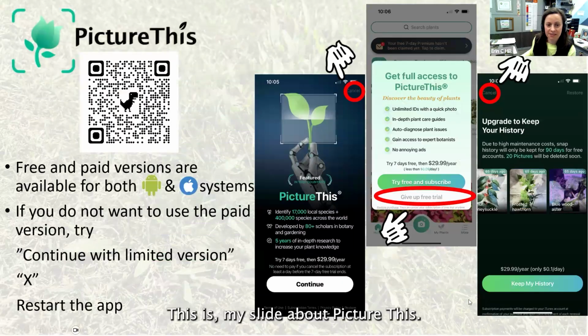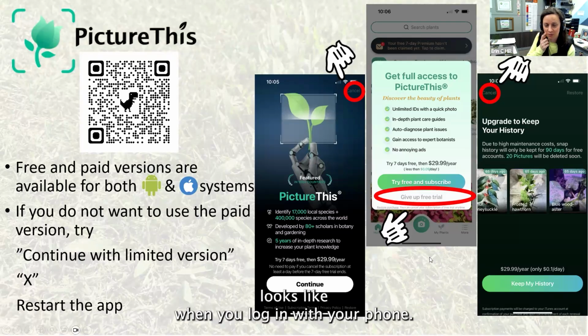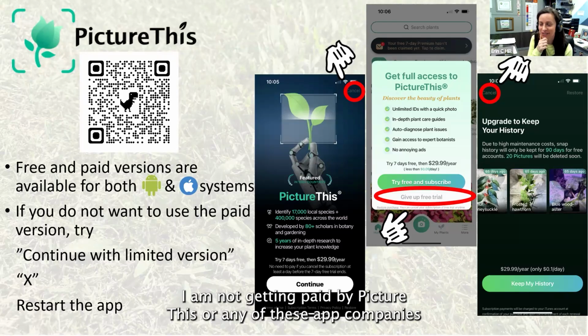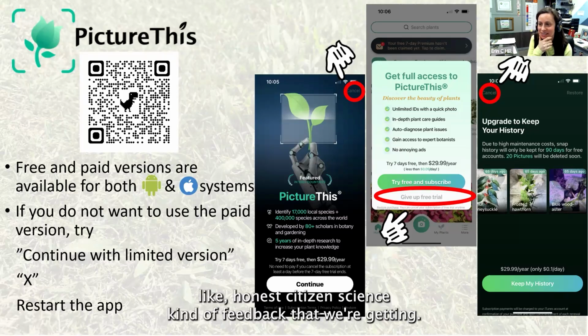This is my slide about Picture This. They're always changing what the screen looks like when you log in with your phone. I am not getting paid by Picture This or any of these app companies to do this assessment or to write this article. I'm just giving our honest citizen science kind of feedback that we're getting.